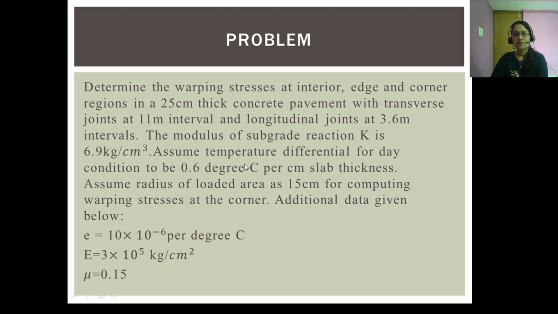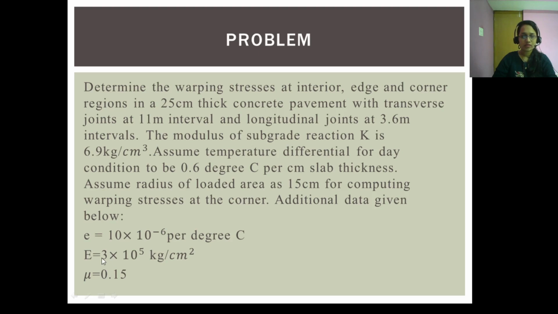Assume temperature differential for day conditions to be 0.6 degrees Celsius per centimeter slab thickness. Assume the radius of the loaded area as 15 centimeter for computing the warping stresses at the corner. So this additional data is given here.